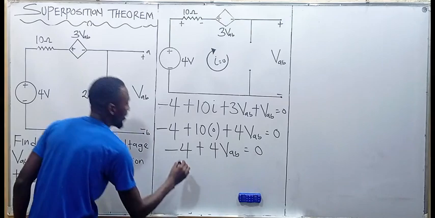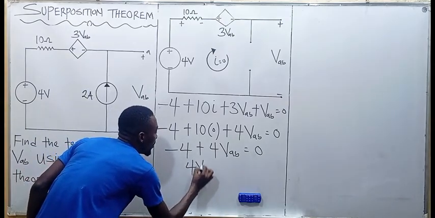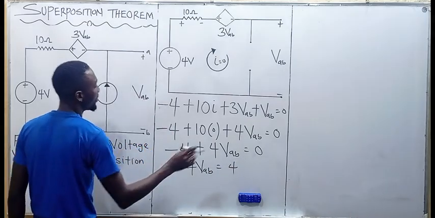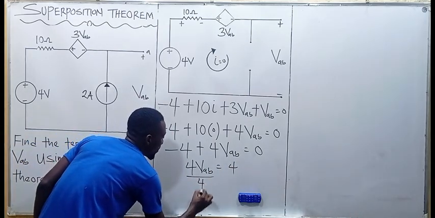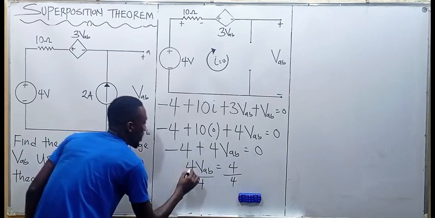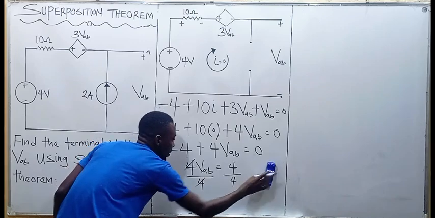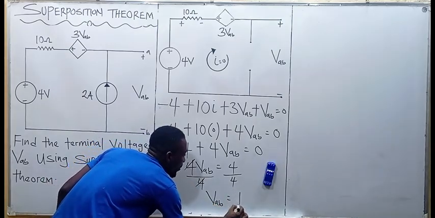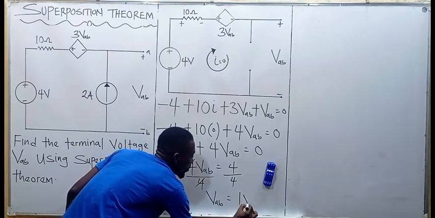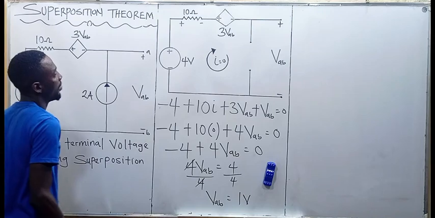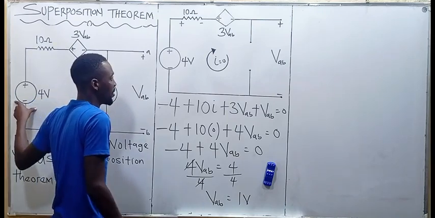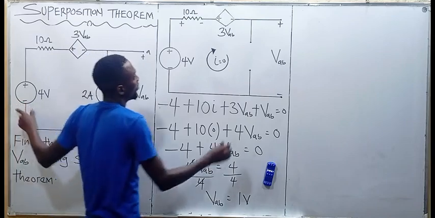If we move this to the other side, 4 VAB will be equal to 4. If we divide both sides by 4, then our VAB will be equal to 1 volt.